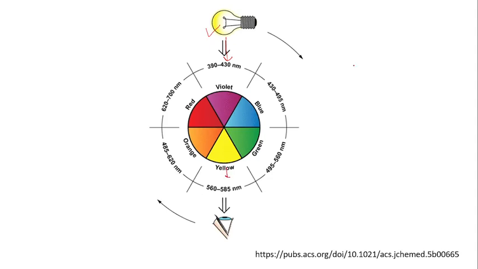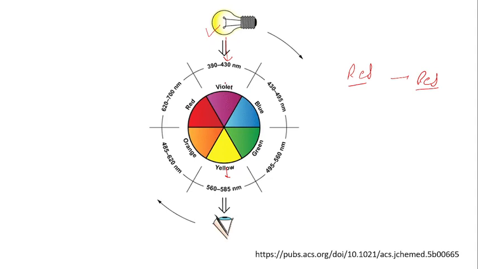Suppose it is absorbing red, so it will not emit red. So how will we understand which color will be absorbed and which color will be emitted?